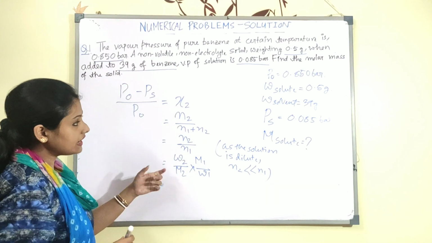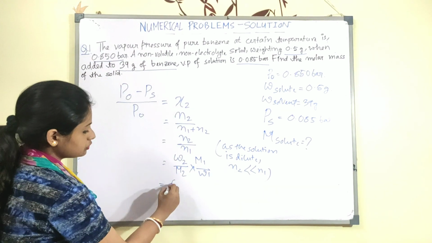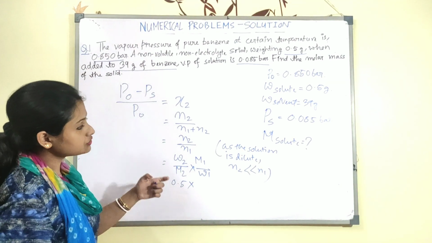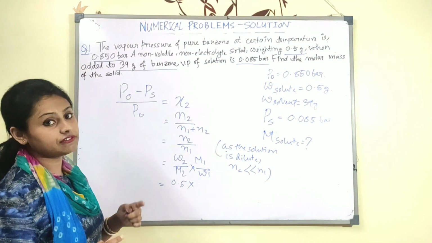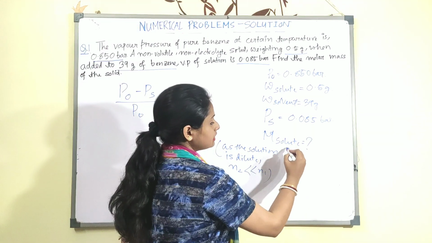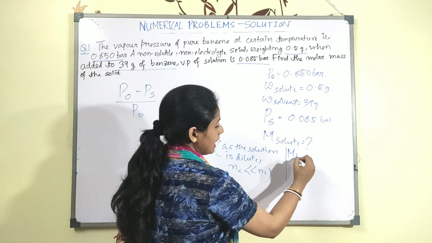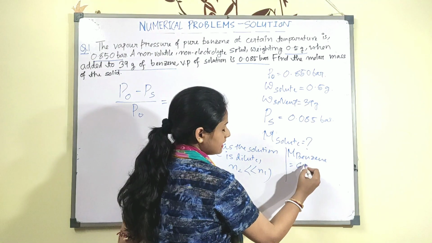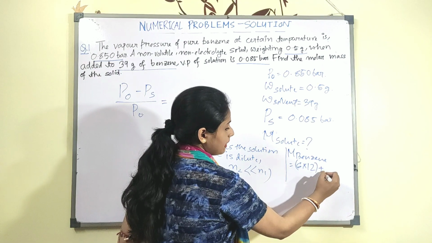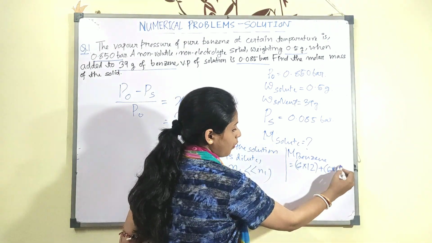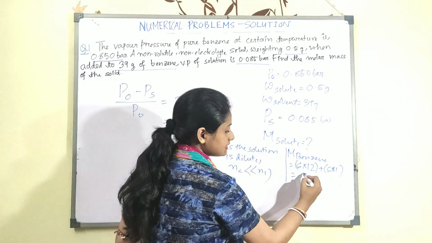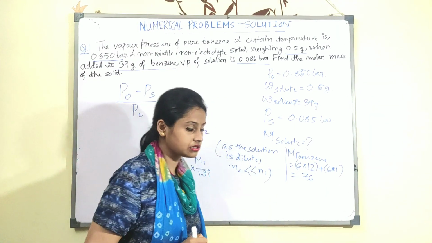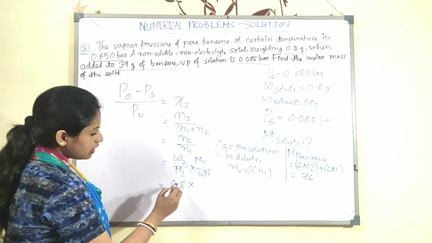That is W2, the weight of solute, 0.5, into the molecular weight of solvent, that is benzene. Let us calculate the molecular weight. M of benzene, that is C6H6, 6 into 12 plus 6 into 1, that is 72 plus 6, it will be 76. It will be given in the exam or you can calculate it. So let us put the values.